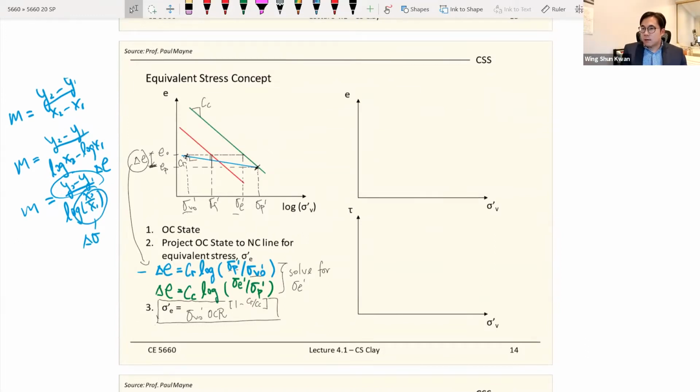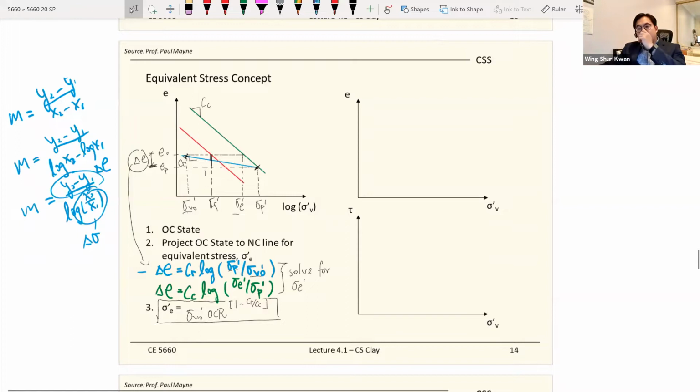So we talked about the equivalent stress concept. We have the normally consolidated line, and also the critical state line. At some point there's a rebound on the normally consolidated line, which is the blue line right here.